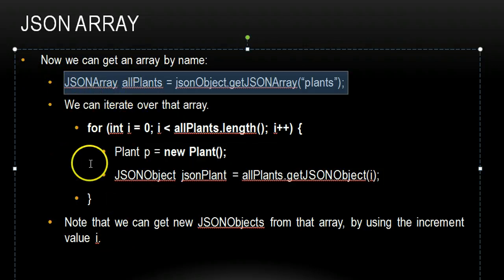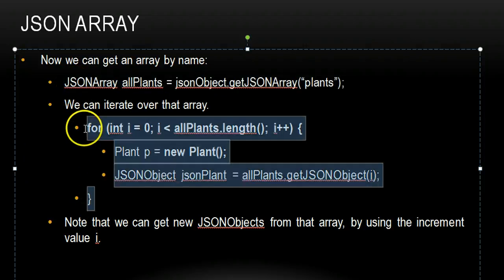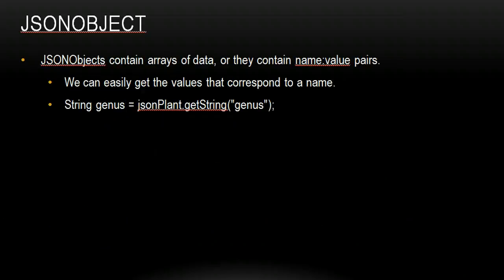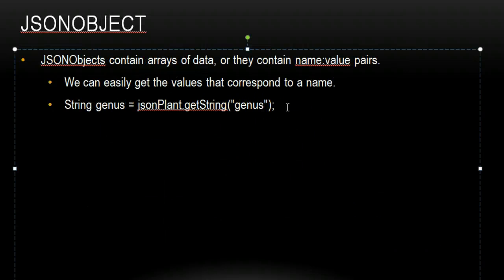Okay, so here's how we get an array. We're going to walk through this step by step. An array, like an array list, is a collection of data. We're going to run it through an iteration statement or a looping statement to access each row of data one at a time. And then an object is a collection of these name-value pairs. So we'll look at each of these one at a time.